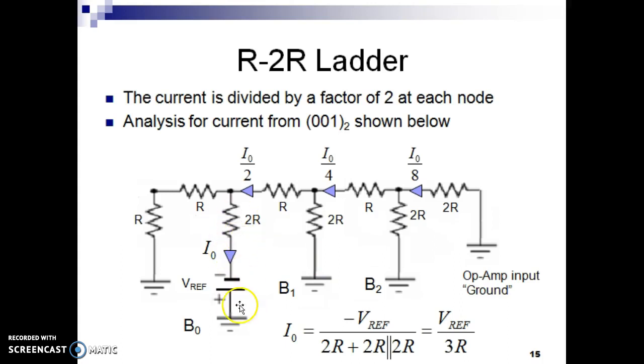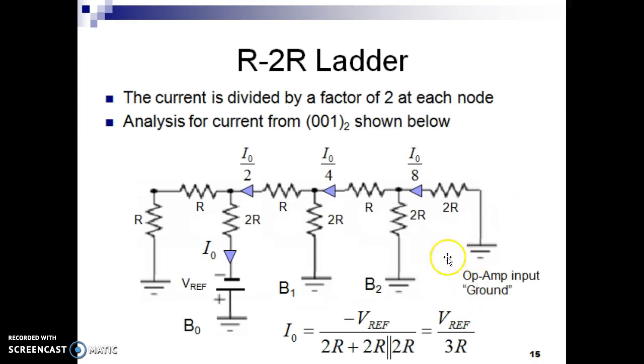The current through this one needs to pass through the first resistor network, where the current is divided by 2, then again divided by 2, then again divided by 2. That means the contribution by the B0 bit is very negligible, and that's why we call it the least significant bit. Its significance is least.